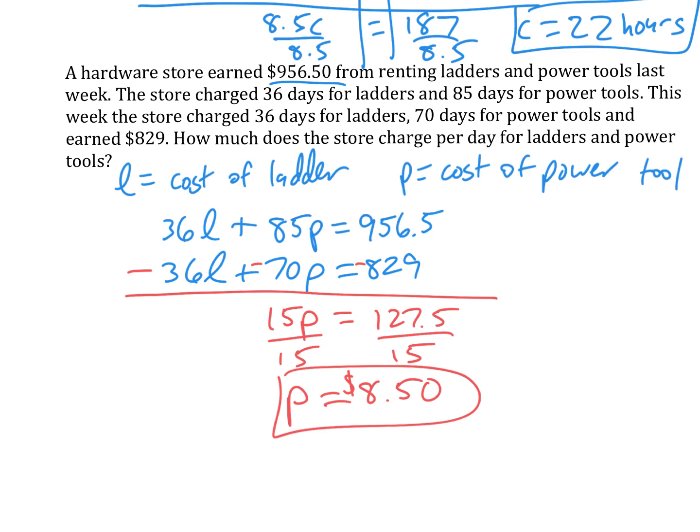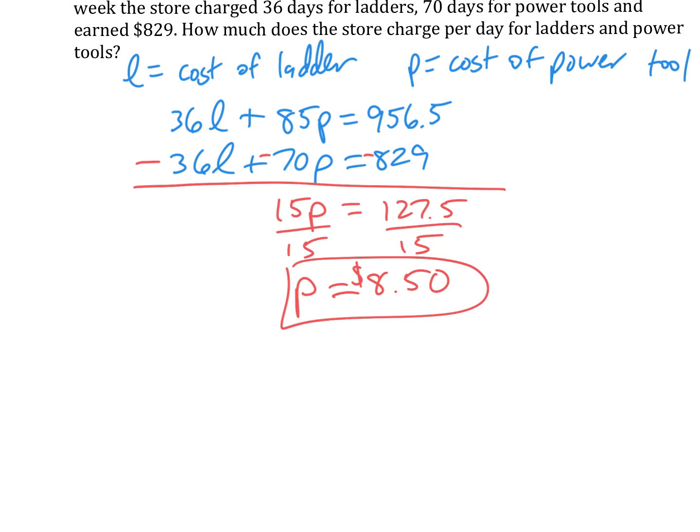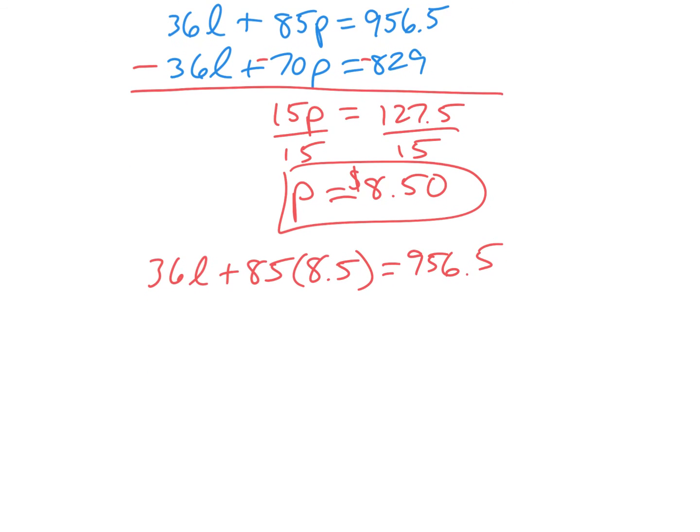And then I'll take that and substitute it back into either equation. Let's just do the first one again, to find L. So 36L plus 85 times 8.5 is going to equal 956.5. Let's take 85 times 8.5. That gives me 722.5.